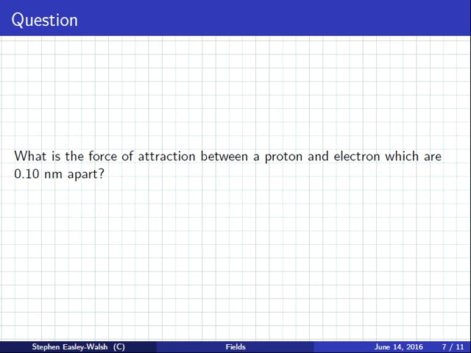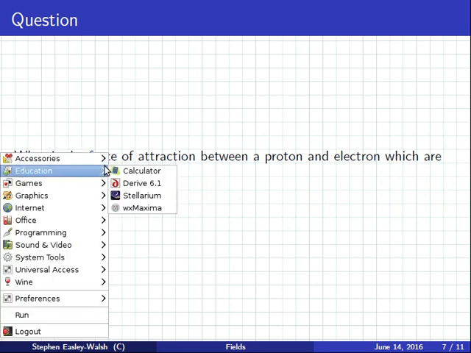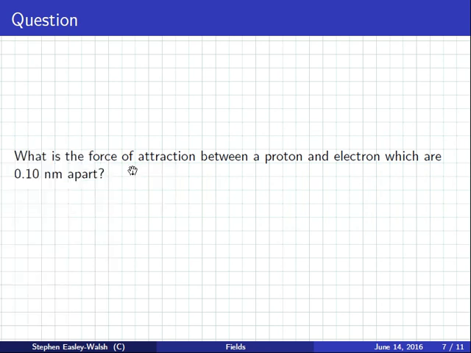I'd like you to use Coulomb's formula, K Q1 Q2 over r squared, and tell me the force here, please. Calculate, please.